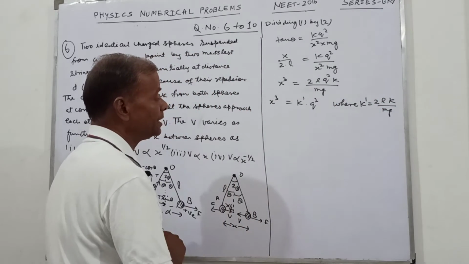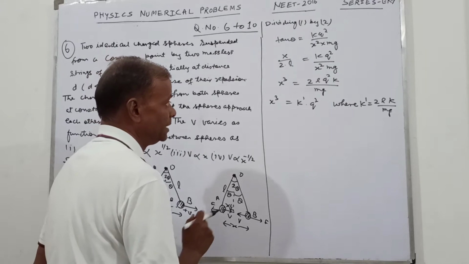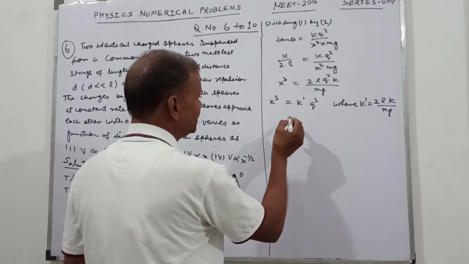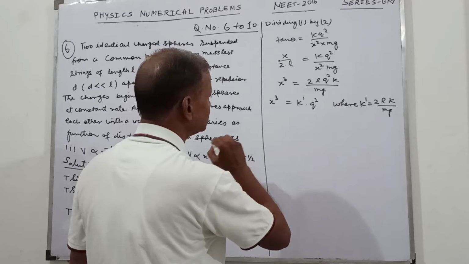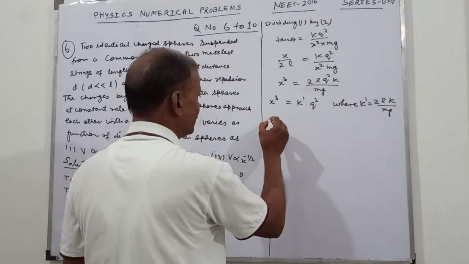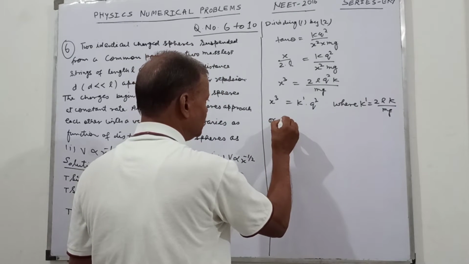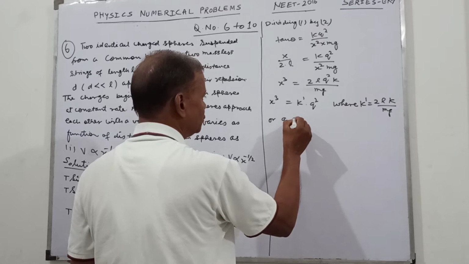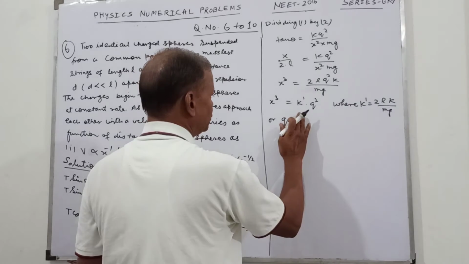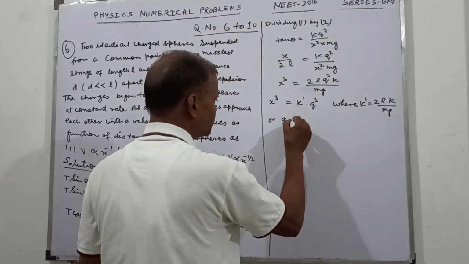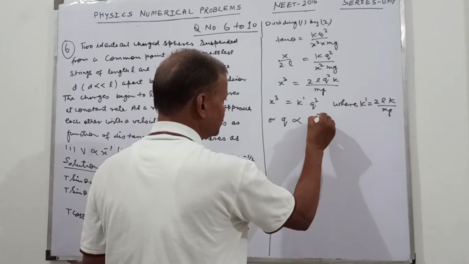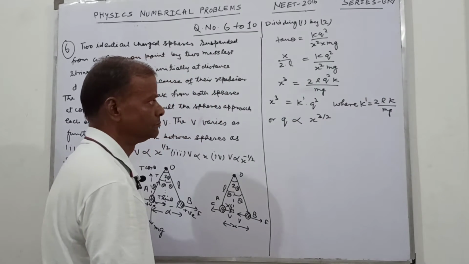And you can see it directly from this one, that this charge q is proportional to x raised to the power 3 by 2.